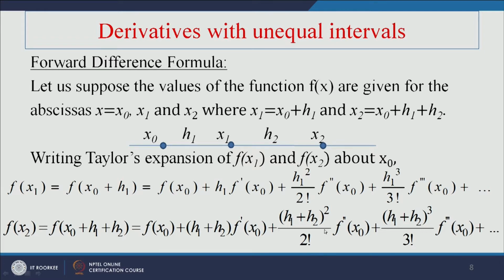Then if we subtract these two equations, we can obtain the value of f dash of x0 in terms of f of x1, f of x2, f of x0, and the higher powers of h, or the higher derivatives.